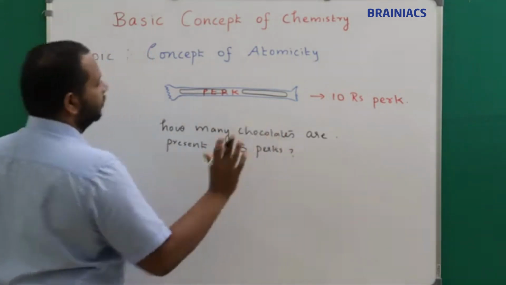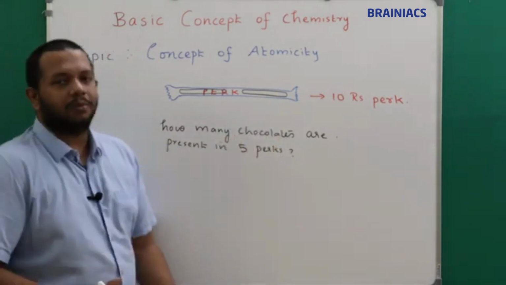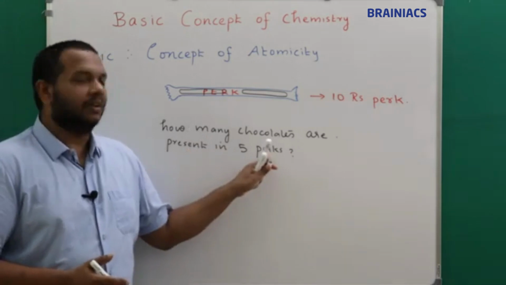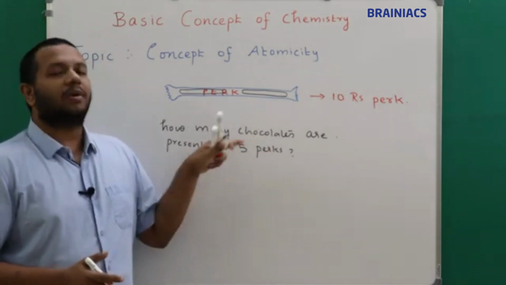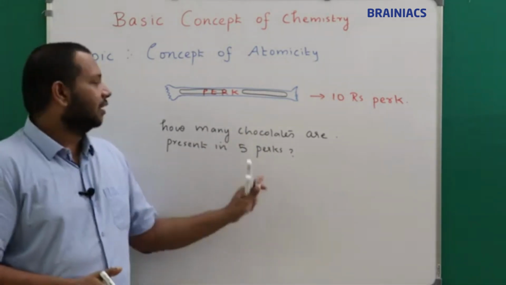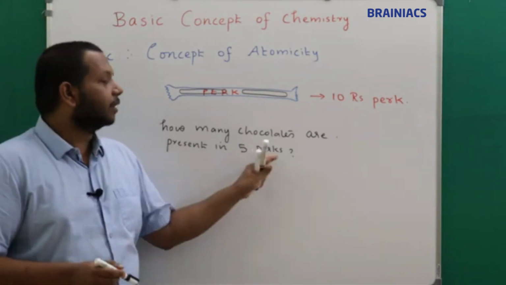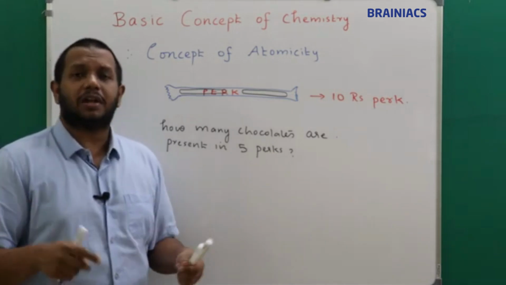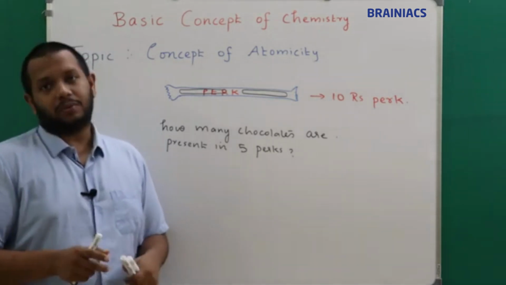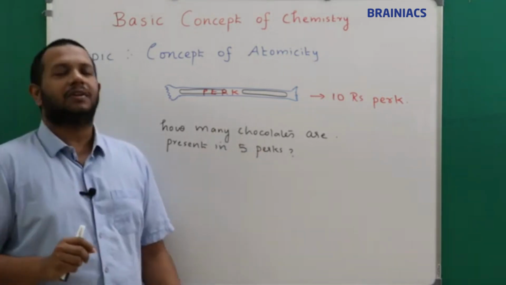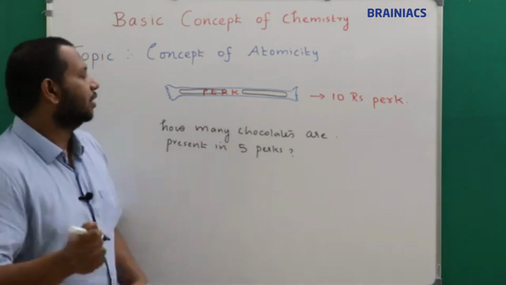Now it is the same as our concept or question. The given stuff is a molecule and they are asking you the atoms inside. Correct. 5 Perks are given, or otherwise can we directly say, sir, 5 Perks means 5 chocolates? Is that correct? No, because here we refer to chocolates as the minimum eatable stuff. That I know. So what should I do?